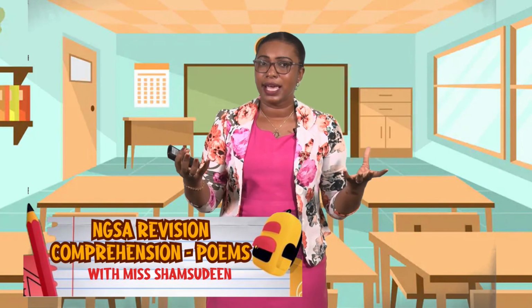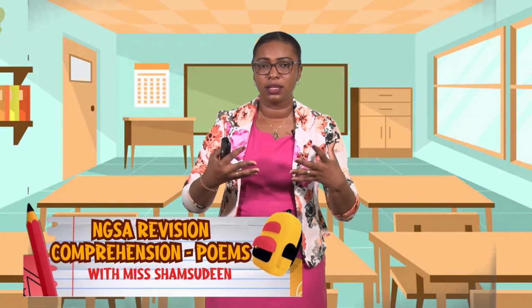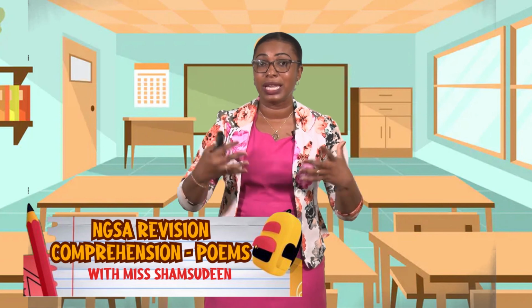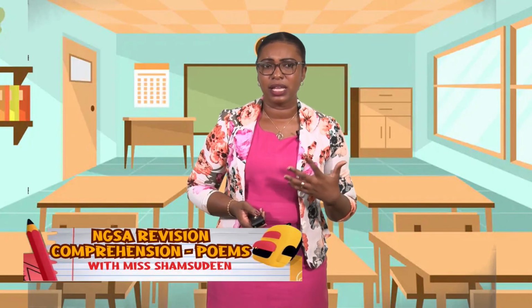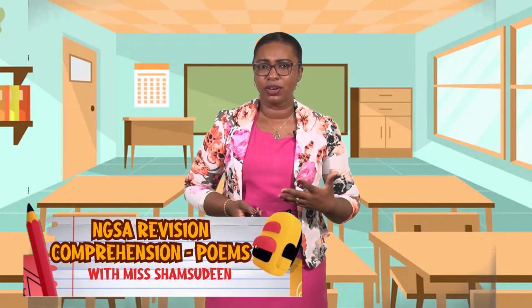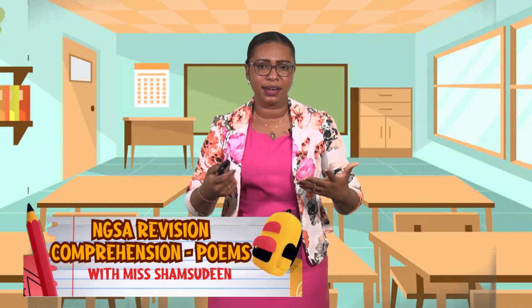Now, which one of those will deal with human behavior? Yes, personification. Personification is where inanimate objects are given human-like characters. So, which lines would have given the fire human-like characters? Look at things that would say that the fire was behaving like a human being.